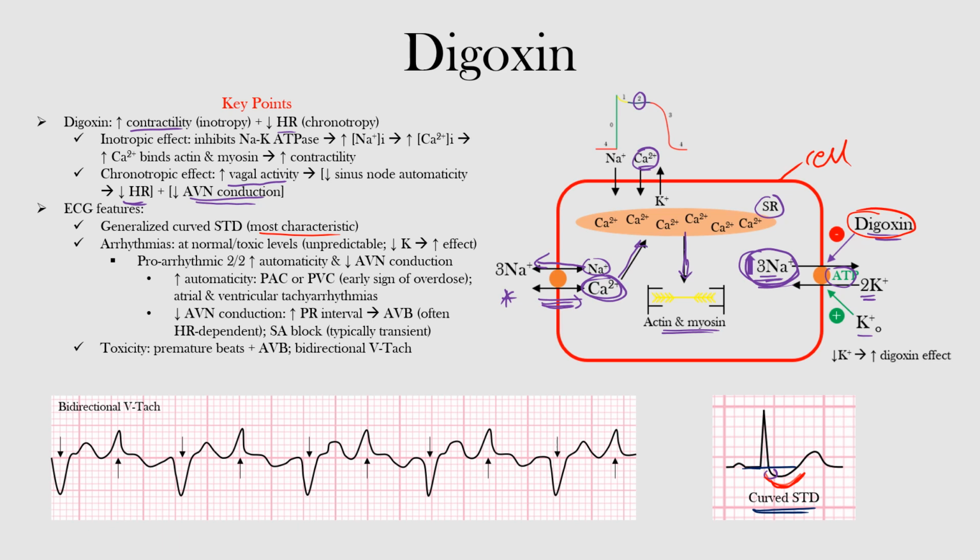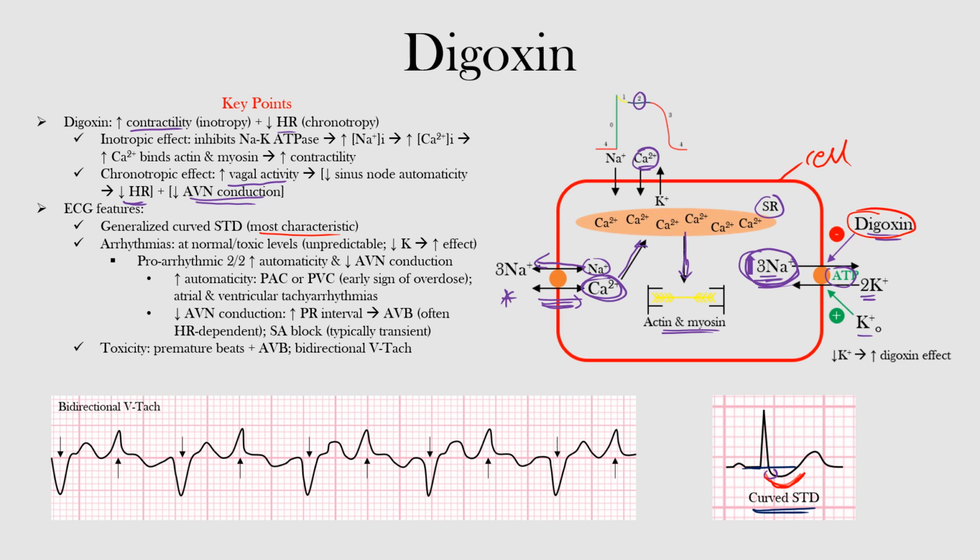While arrhythmias can obviously occur at high toxic levels, they can also appear at those within reference limits. Therefore, digoxin not only has the ability to cause nearly any arrhythmia, but also the risk of arrhythmia is really unpredictable. Okay, so whether we're at normal levels or even toxic levels, these arrhythmias can come about, and it's really any arrhythmia you can imagine.